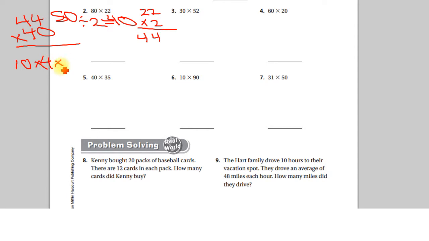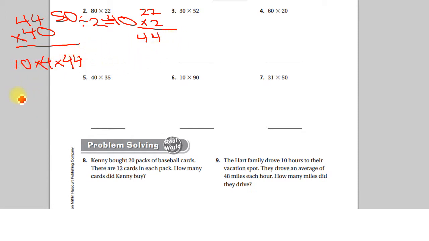And then I would have to multiply that by the last number, 44. So this would be another way to solve this problem. And then I can do my one most difficult number, 44, times my 4, and then I only have to multiply it by 10, which multiplying by 10 is very easy.